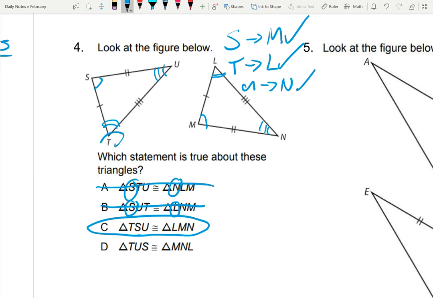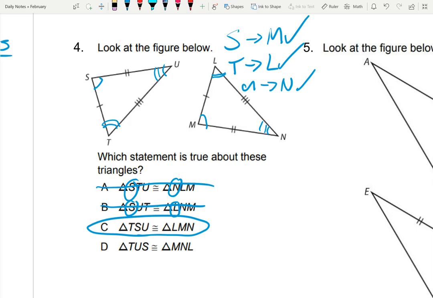So they went T, S, U is corresponding with L, M, N. And those are corresponding because we've already mentioned which angles they correspond with. S corresponds with M, T corresponds with L, and U corresponds with N.